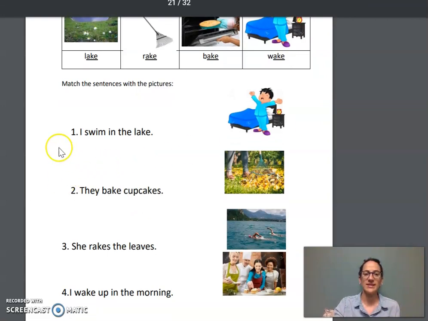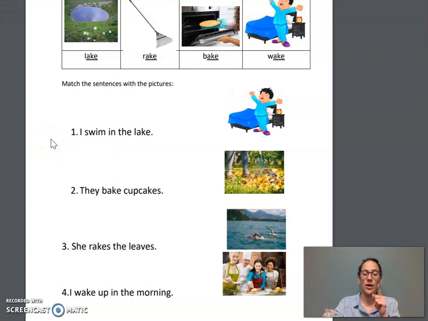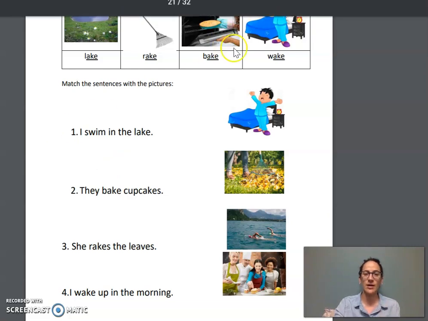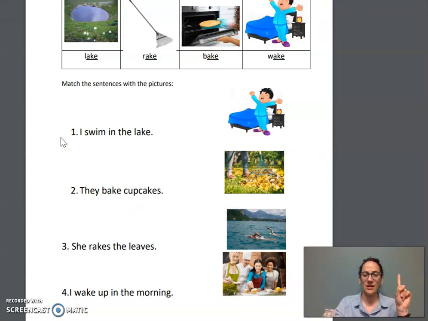These sentences all have some ache words in them. I will read them, and I want you to find the ache word and match it with the picture. Get ready. Number 1, I swim in the lake. Can you find the ache word? Yes, lake. Very good. Which picture shows this?